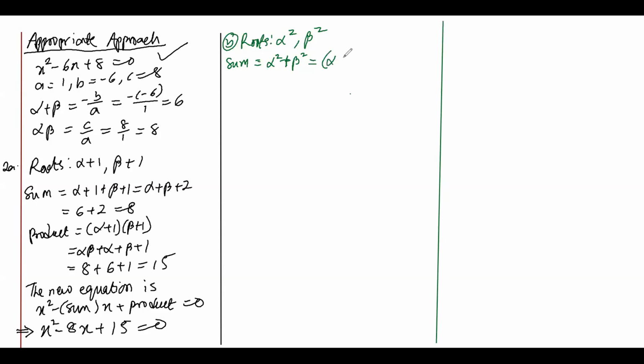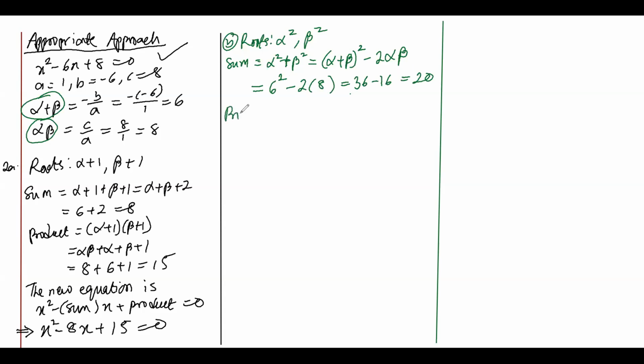Because we have learned how to find alpha squared and beta squared without finding what is alpha and what is beta, by only knowing the sum alpha plus beta and the product alpha beta. I believe everybody remembers this. Can I get a response? Yes. This is 6 squared minus 2 times 8. 6 squared is 36, 2 times 8 is 16, so this is 20.